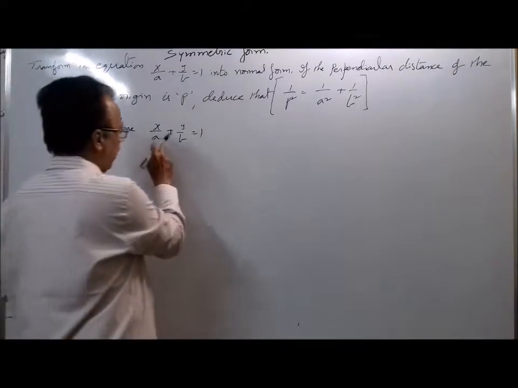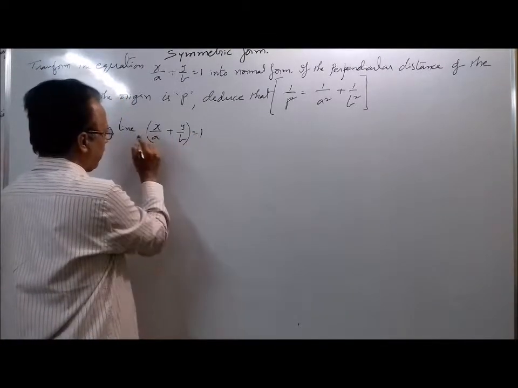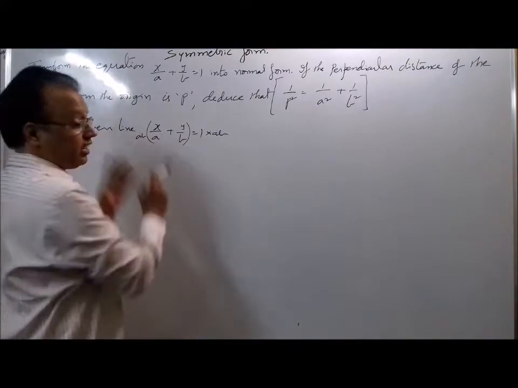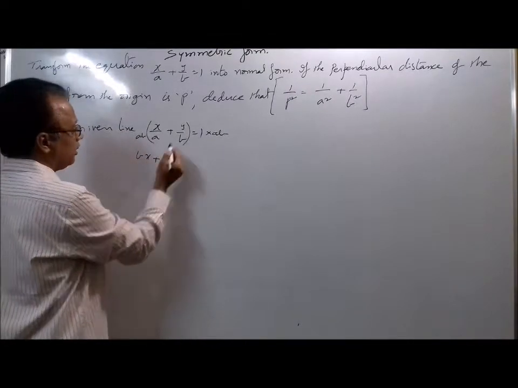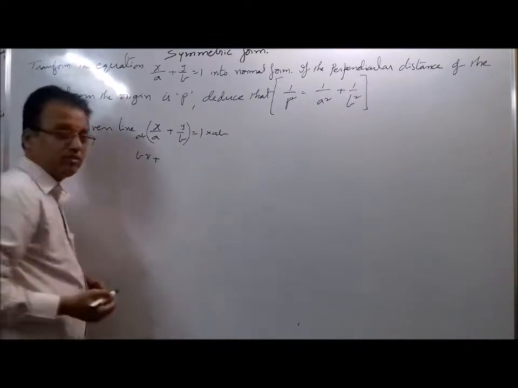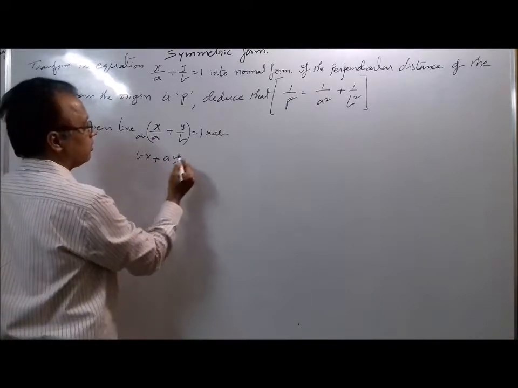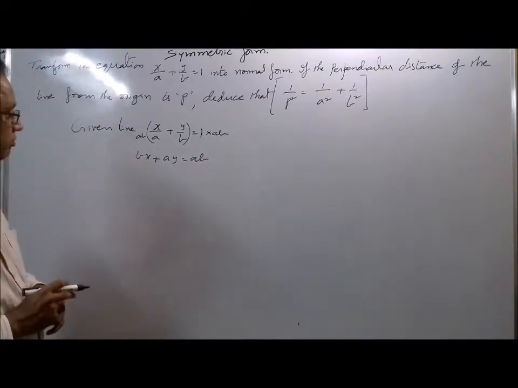LCM of a and b, I multiply on both sides. So ab into x by a will cut, bx; ab into y by b will cut, ay; is equal to ab into 1, ab.